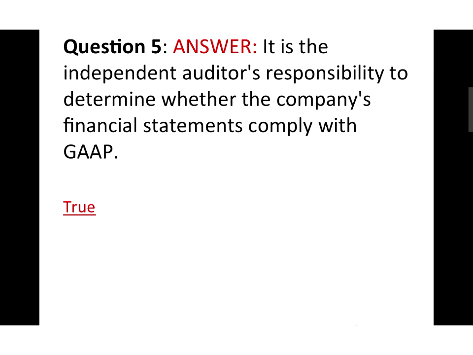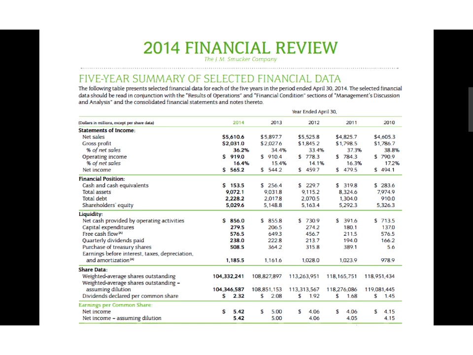Okay, next up, I've got some more examples that I pulled from real statements of a couple different things. So again, this isn't stuff you need to memorize. This is Smucker's, I'm going to blow up the part that you need. This is Smucker's financial review.